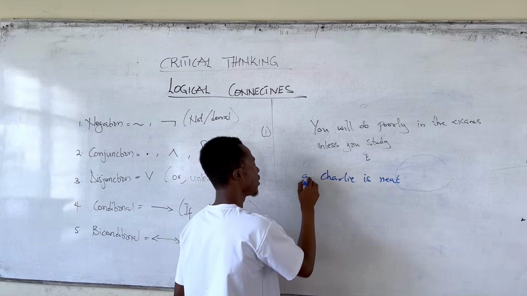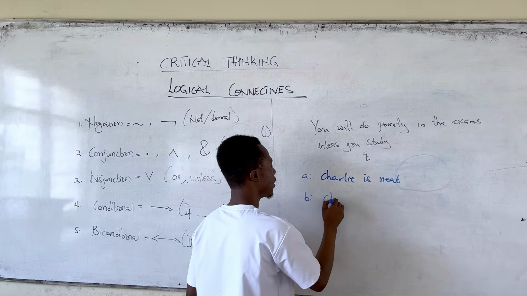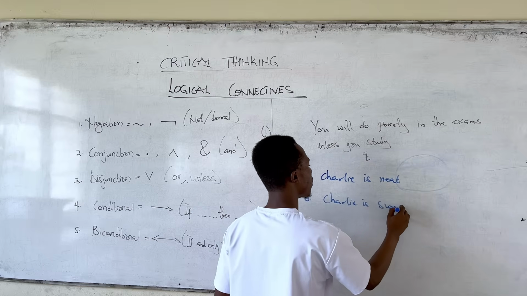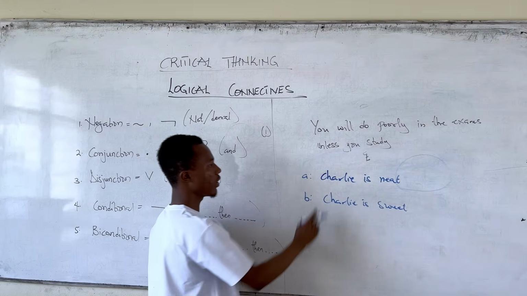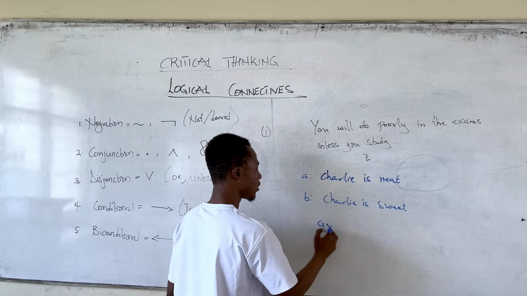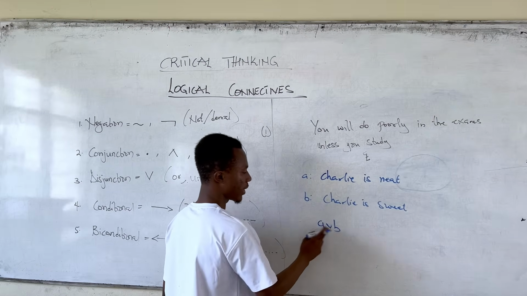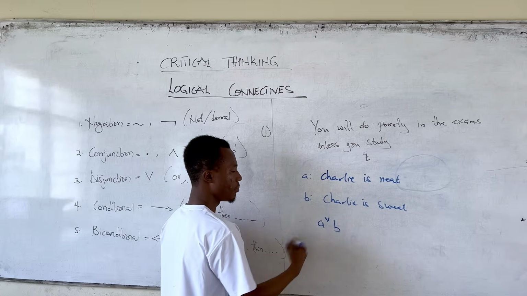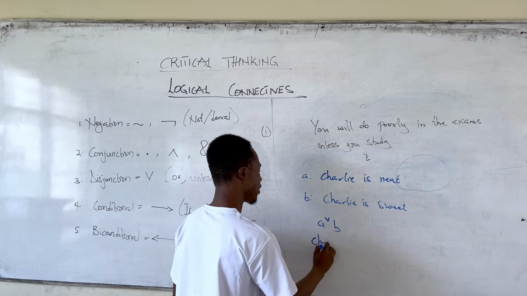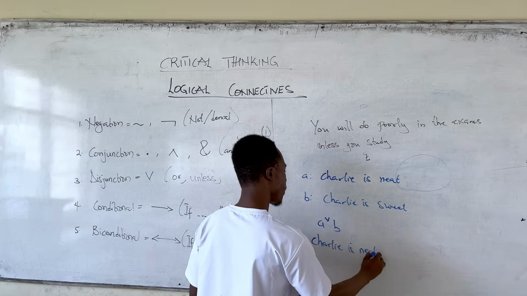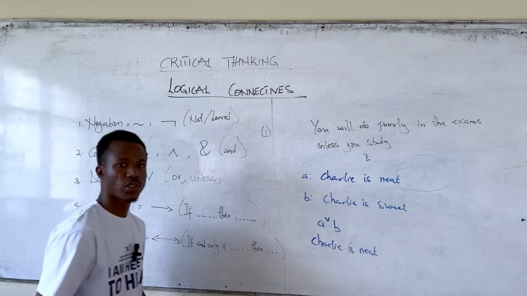This one is A and B. Charlie is sweet. So in exams, if they give you A wedge B like this, meaning what? Charlie is neat. Then this one is what?